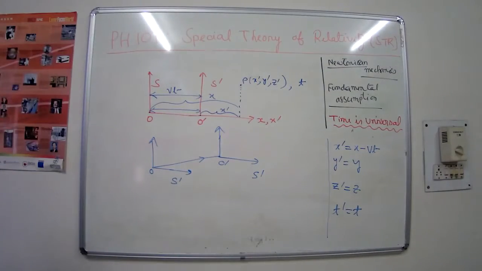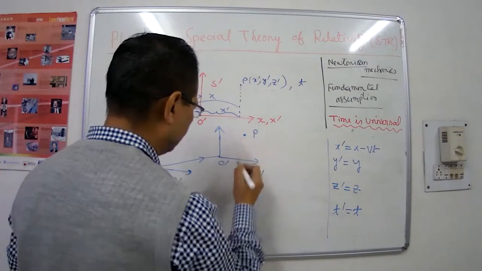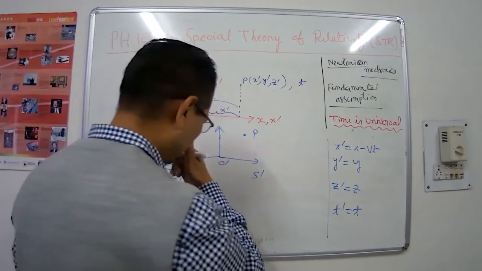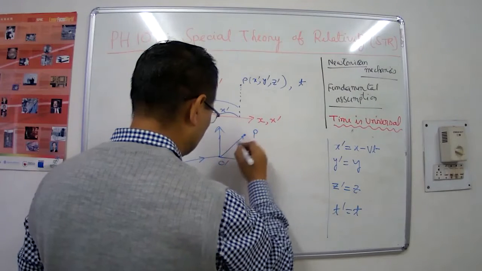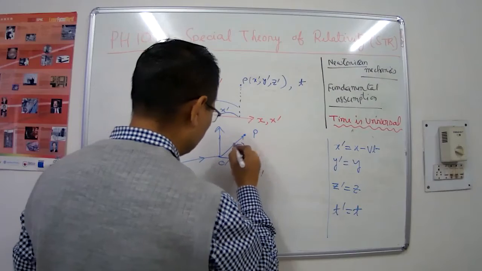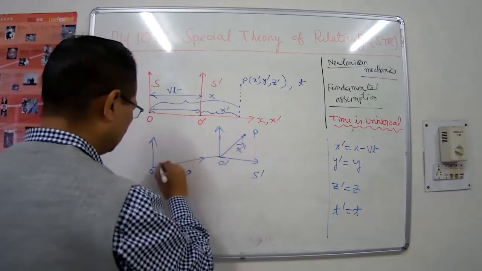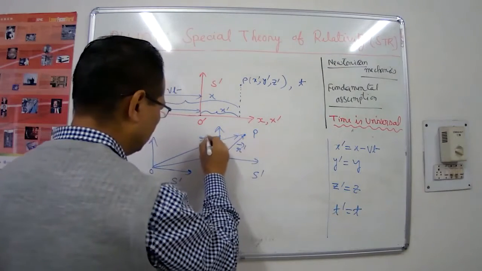Now, in this case, suppose here is the event taking place at P. Now, the position vector of this, you can call it as, let's say, R prime, and the position vector of the same event in S prime frame will be R.